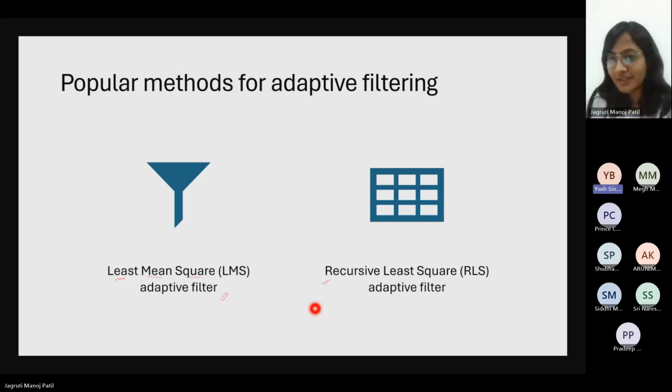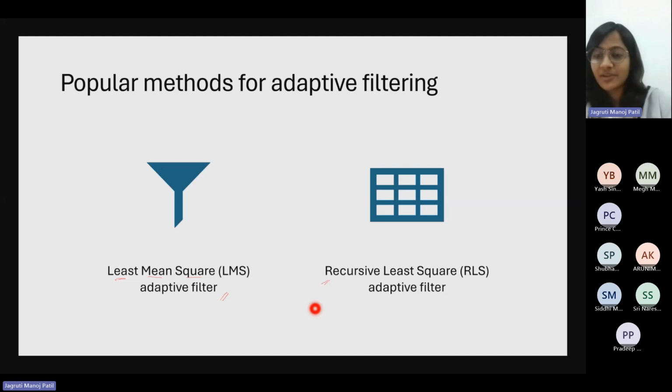Actually, in this, the expectation of the error square is considered to be the error square only. Okay, someone else want to try?